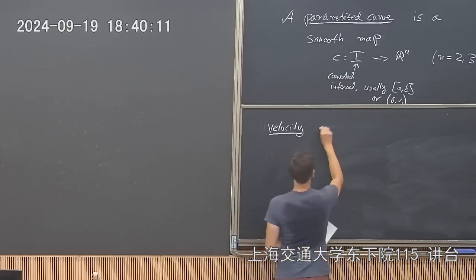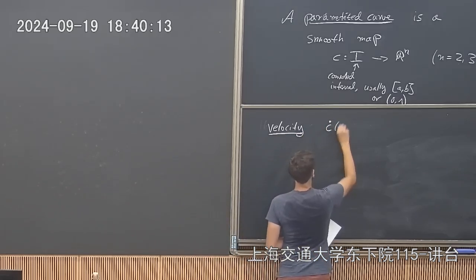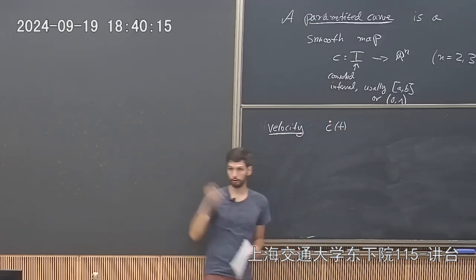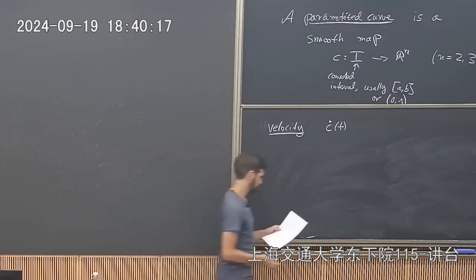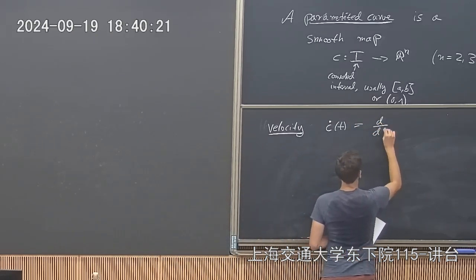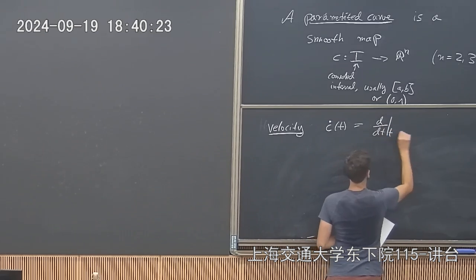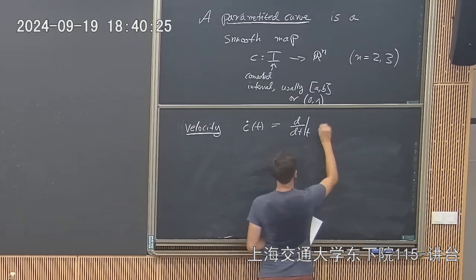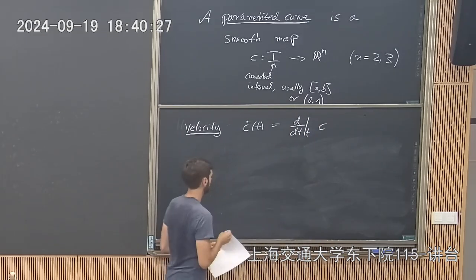For the velocity, I usually denote derivatives by putting a dot above, which is just the derivative with respect to the time direction of the curve C(t).